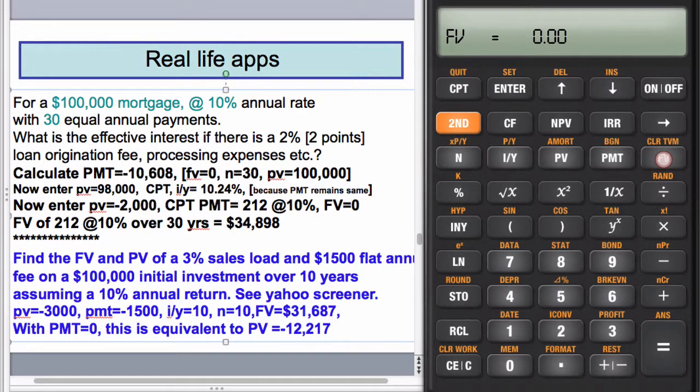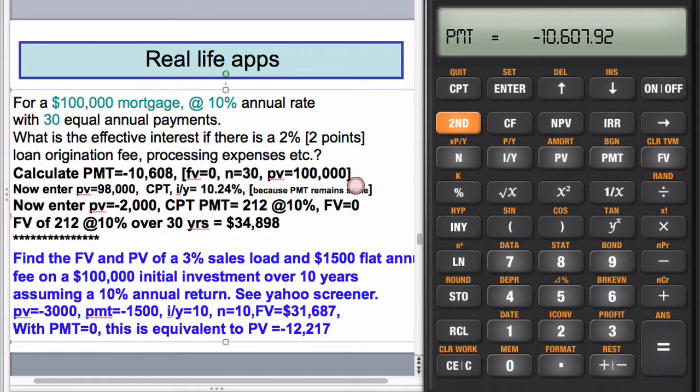And interest rate is 10%. And compute payment. See, right away, very quickly you could get the value of your mortgage. In this case, it's annual, but you can have a monthly mortgage. For 30 years, how would you make it a monthly mortgage? 30 times 12, make that 360. 360 would be N. And I/Y, which we had as 10, do 10 divided by 12.